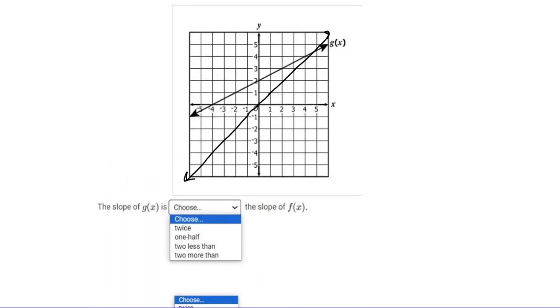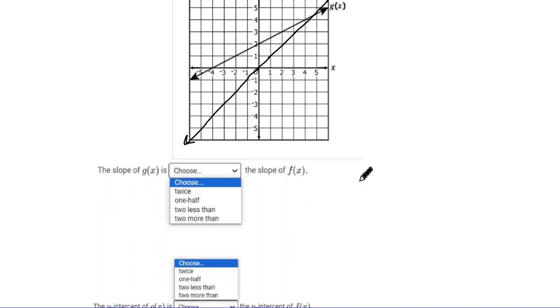So what I'm going to do here is I'm going to do a couple of things. The f of x, we know that it is just x, which means that the slope is equal to just 1, and then the y-intercept is equal to 0. And then the g of x, I don't have a function, but I can figure out what the slope is by just counting, since I know how to do that.